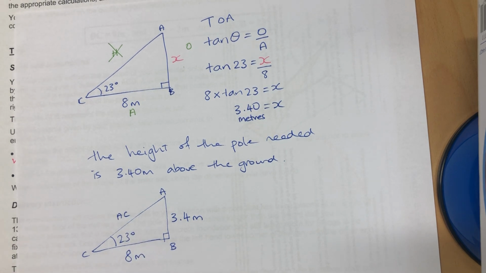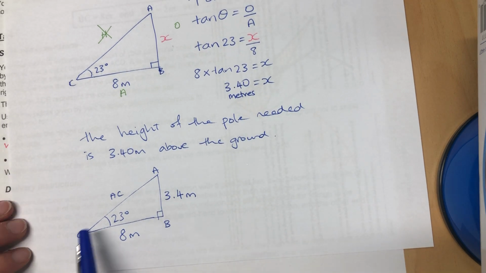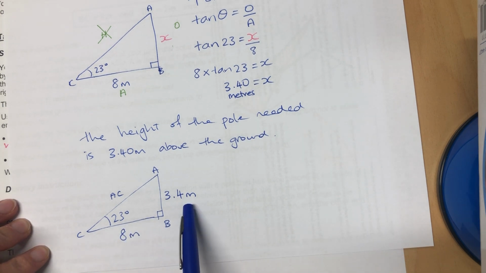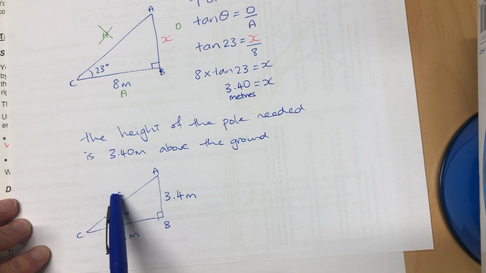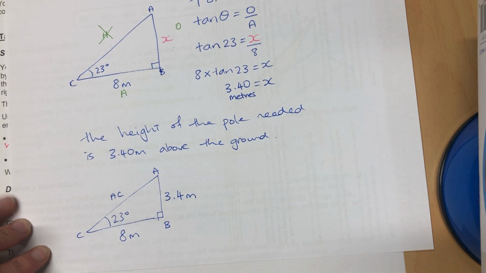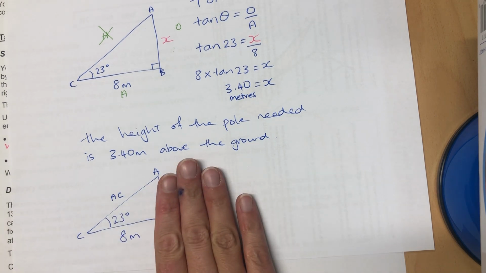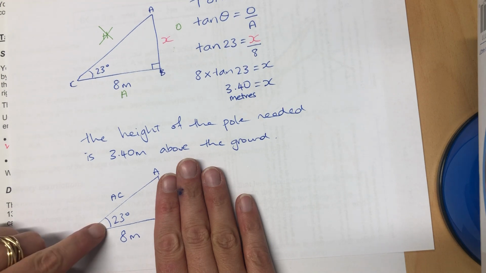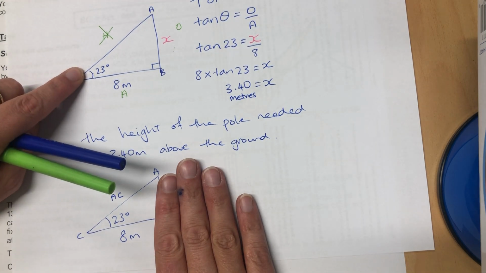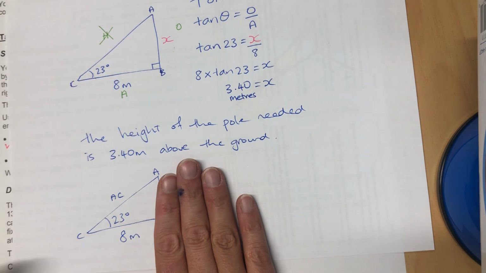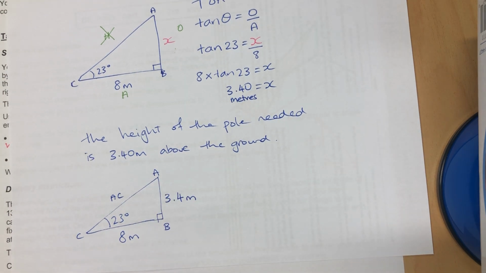I've got two options here. I can either use these two sides to find AC, side, side, side, using Pythagoras, or I can ignore that and use this angle and this side to find that side, like I did up above. So two options, depends on how you see the problem.